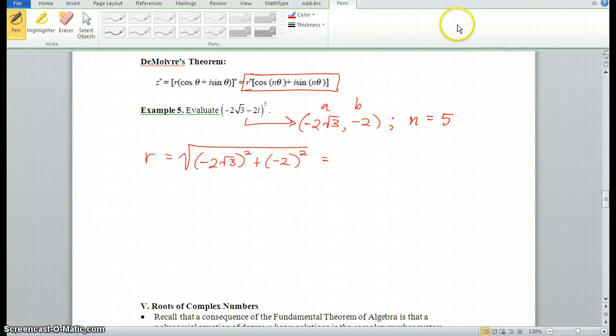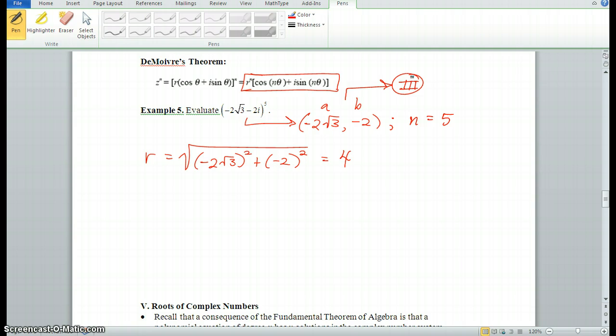And again, remember what r is representing. r is representing the hypotenuse of the right triangle, of which, well, if we look at the ordered pair negative 2 root 3 comma negative 2, this is in the 3rd quadrant.